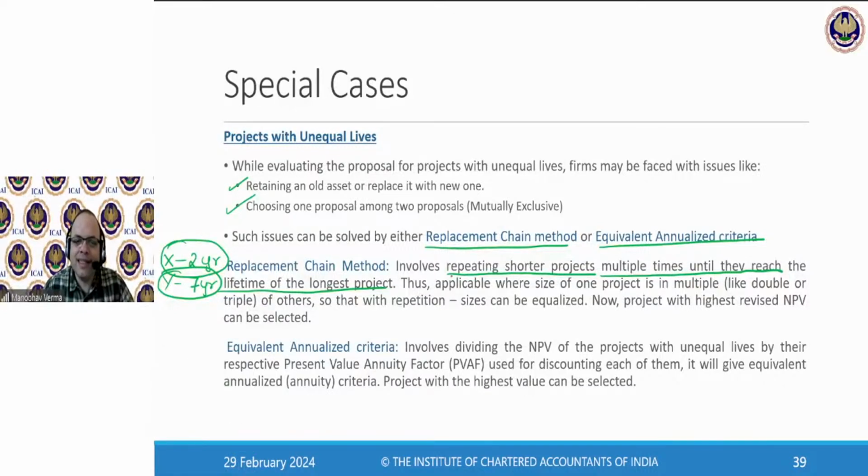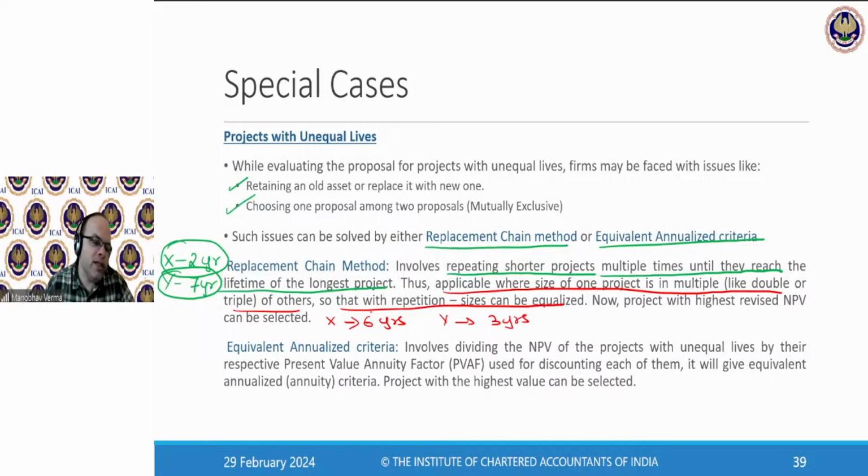What we're trying to say here is that this is applicable where the life of one project is a multiple, like double or triple, of the other. So with repetition, that could be equalized. Giving another example, let's say project X is taking 6 years, project Y is taking 3 years. Very realistic example.